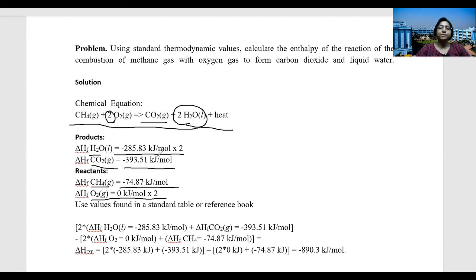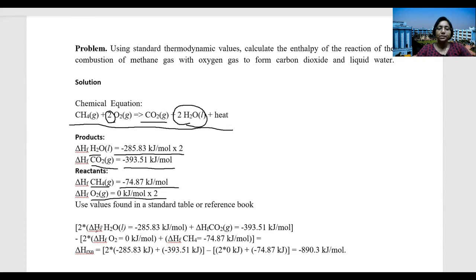Okay, so now you have the enthalpy of the products and the enthalpy of the reactants. So now you subtract the total enthalpy of the reactants from the total enthalpy of the products.